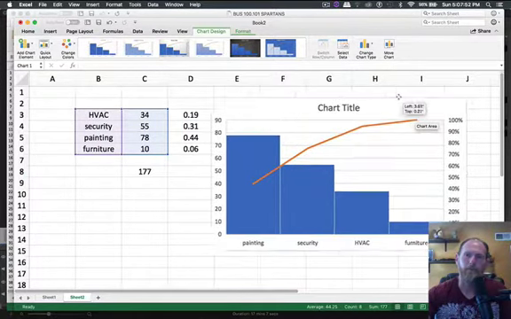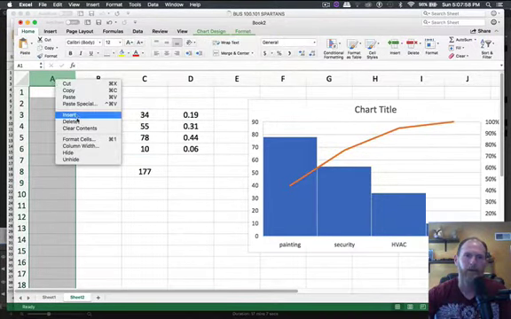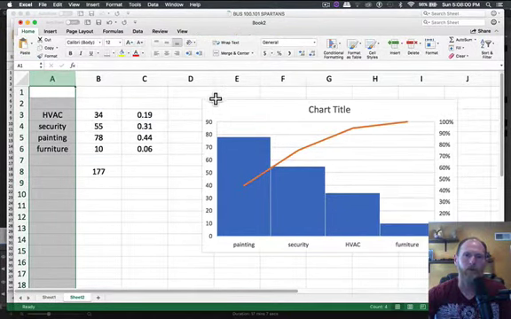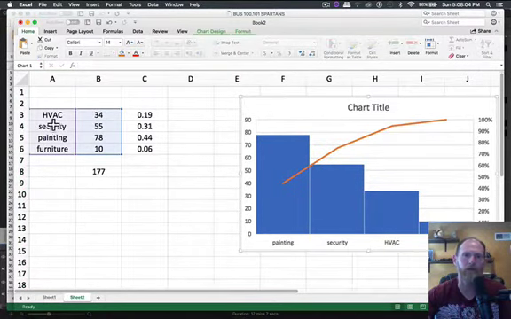Now, just to make this a little more clear, cumulative percentage is, as we add these up, what they add up to.